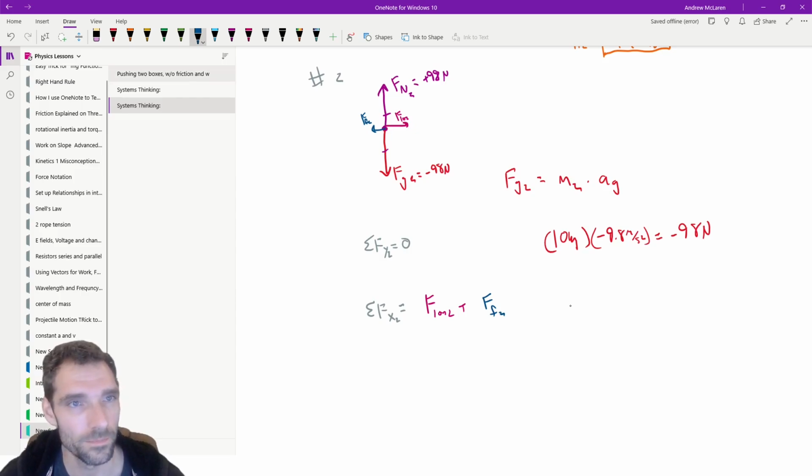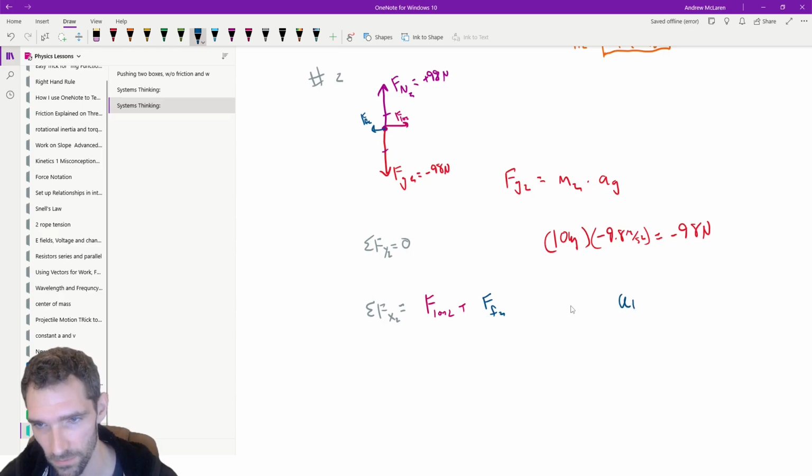So if we wanted to calculate the force of friction, we do have this coefficient for the kinetic friction, and this is all over that force normal for object 2.